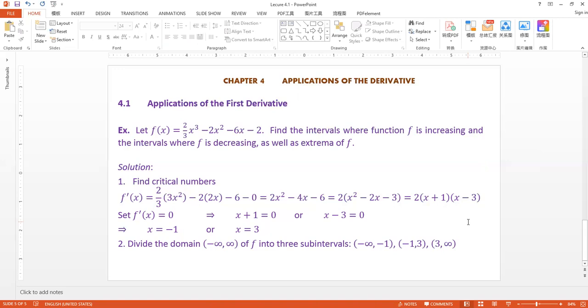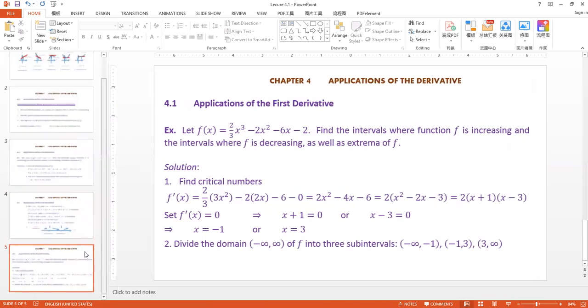So what we do is plug in a number inside each subinterval into the derivative, and then see whether the derivative is positive or negative. If the derivative is positive, then we know that the function is increasing.